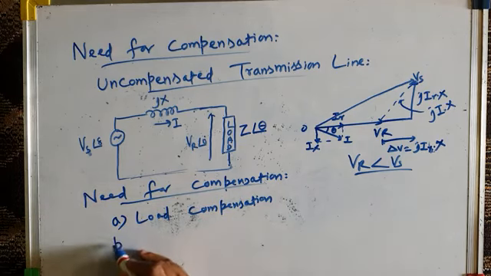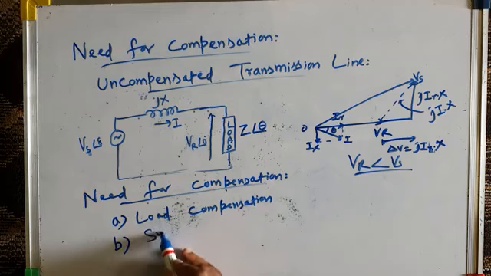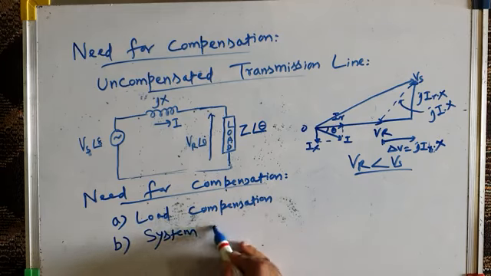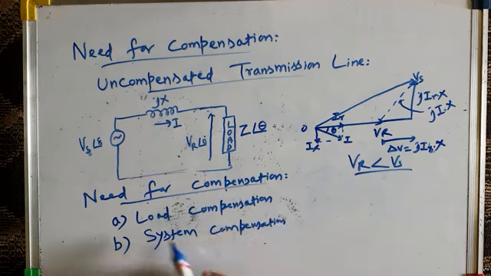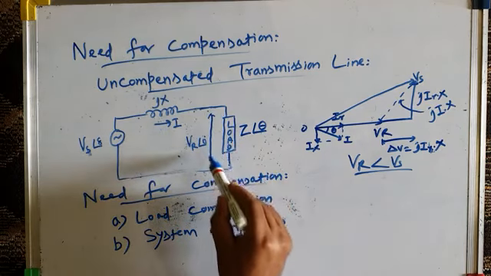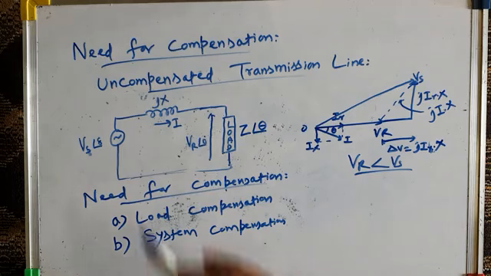But before we go for that, another method of compensation is system compensation. Load compensation means that you are compensating the load itself. That will automatically cause transmission line compensation.